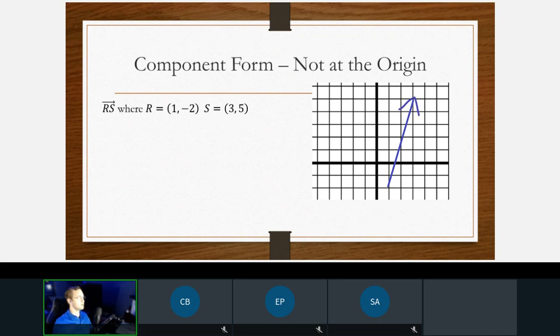All right, so there is vector rs that is not in component form yet. So all we have to do is you are sliding up 2 and left 1. And it needs its hat.